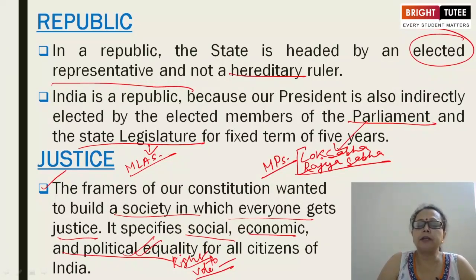Political right has been given to each and every citizen of the country who has crossed 18 years of age. 18 years and above, they have this political right. And the weightage of their vote is the same. One vote, one value.